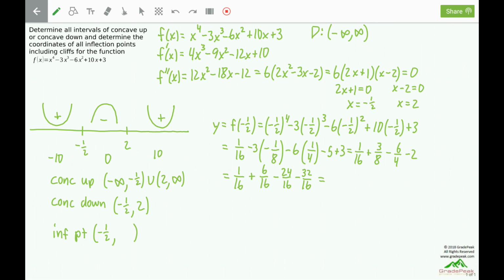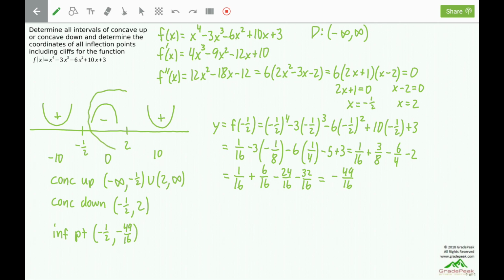Now that we have a common denominator, we can combine all the numerators together. 1 plus 6 is 7, minus 24 is a negative 17, minus 32 is a negative 49. So we have a negative 49 over the common denominator 16. That will be the corresponding y-coordinate for that inflection point.